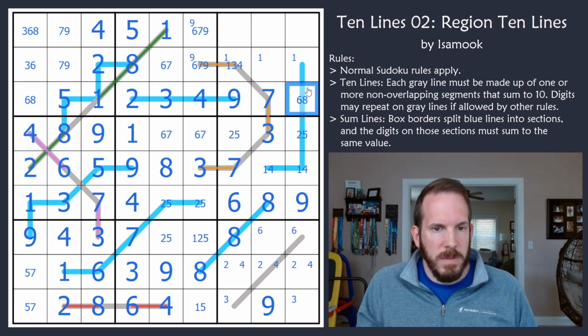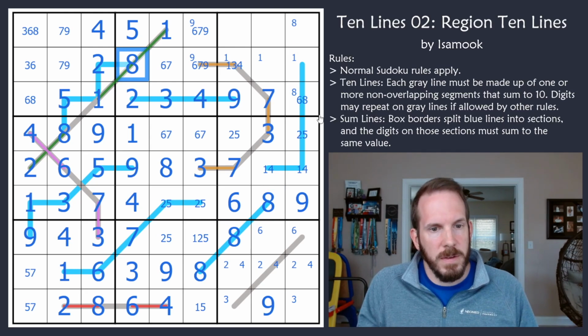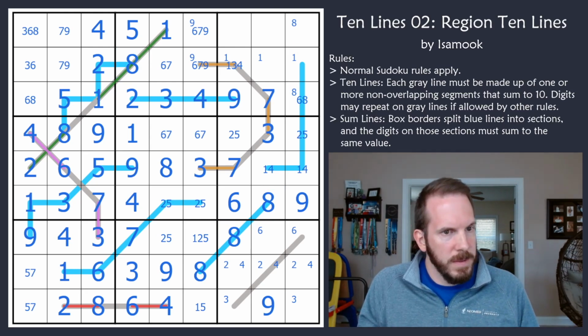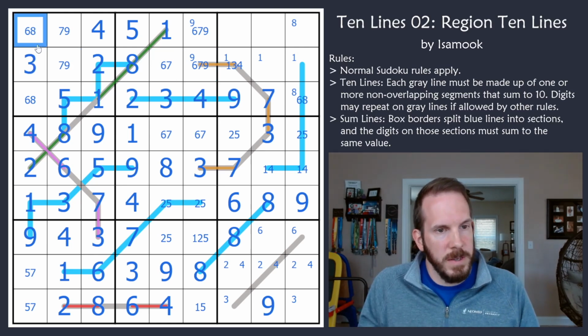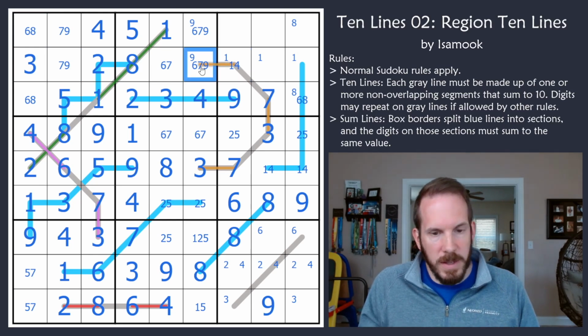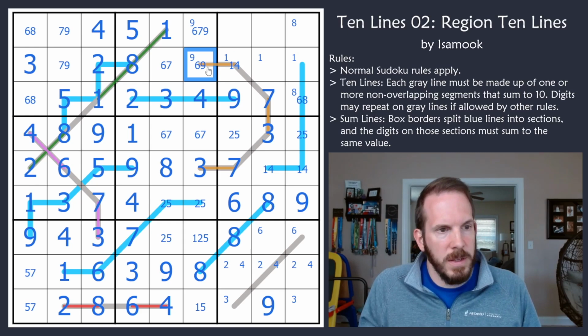Okay, we got 8s, so one of these needs to be an 8. That one's there. We've got a 6, 7, 9 triple here, so this can't be a 6, that's a 3. So if that's not a 3, that's not a 7. Okay, so we've got this triple.